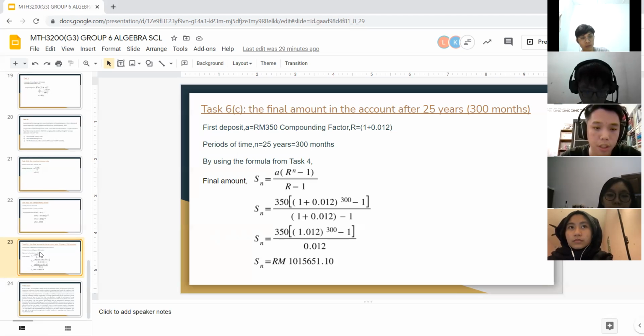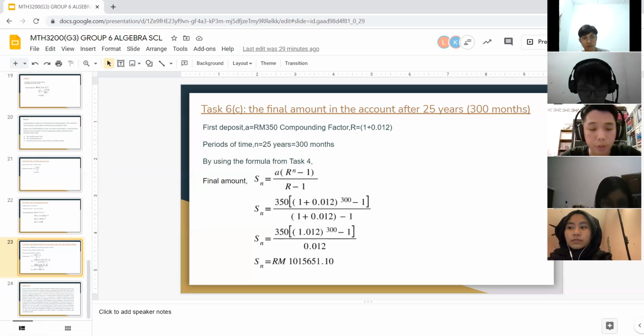Our first deposit is 350 ringgit, and our compounding factor is 1.012. The period of time we need is 25 years, which is also 300 months. So we put the information into our formula and get 350 times 1 plus 0.012 power 300 minus 1 over 1 plus 0.012 minus 1.